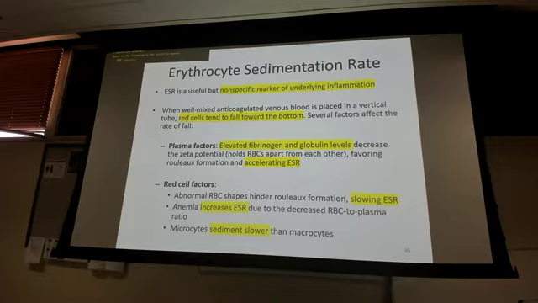It just kind of helps you get to your diagnosis, let's put it that way. The faster those formed elements of the blood fall, the more likelihood that they have something. The slower they fall, they just may be okay. If you see down there, it says anemia increases ESR due to the decreased RBC to plasma ratio.